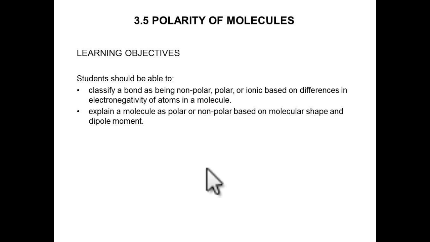So please remember, we are going to talk about the polarity of a molecule, which very much depends on the electronegativity of the elements. We will explain a molecule as polar or non-polar based on the molecule shape and dipole moment. I will discuss the dipole moment in a short while.